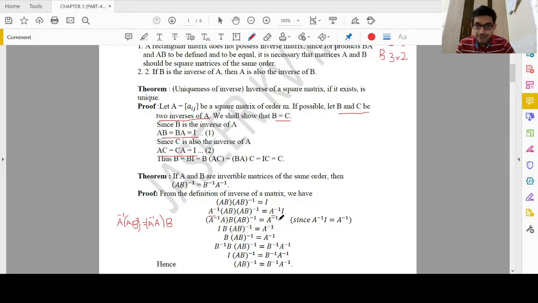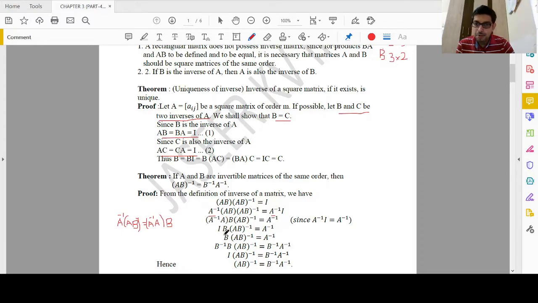And here A inverse I becomes A inverse, since any matrix multiplied by identity will give you the same matrix. Again, a matrix multiplied by its inverse will give you an identity. So A inverse A equal to I, B then (AB) inverse is equal to A inverse.